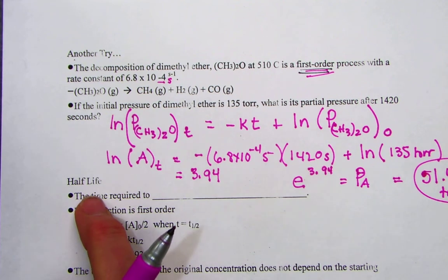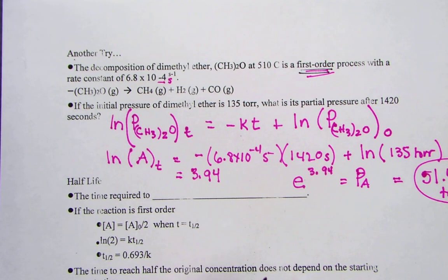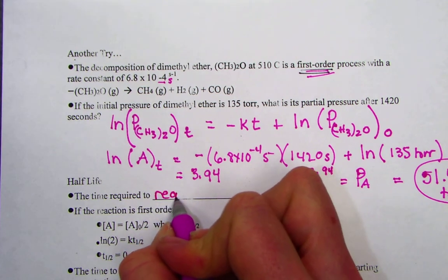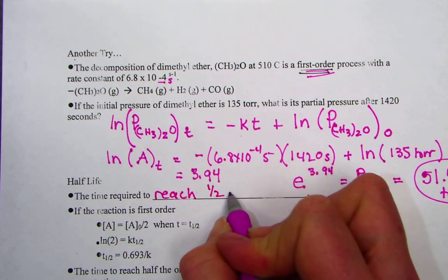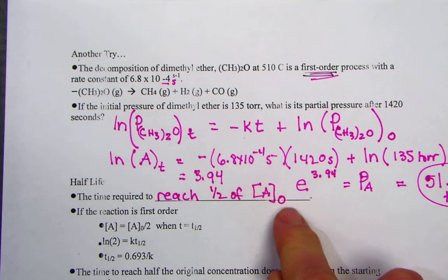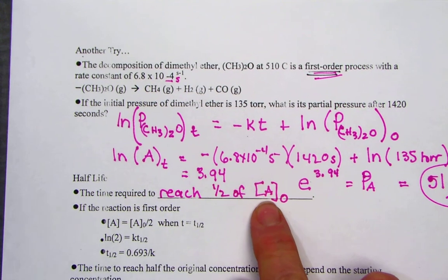Oftentimes we talk half-life. Half-life is particularly important when we think about radioactive decay. How much time does it take for the original amount of reactant to reach half of that amount? So the time required to reach half of the original concentration, I'll write that as the original concentration at time 0.